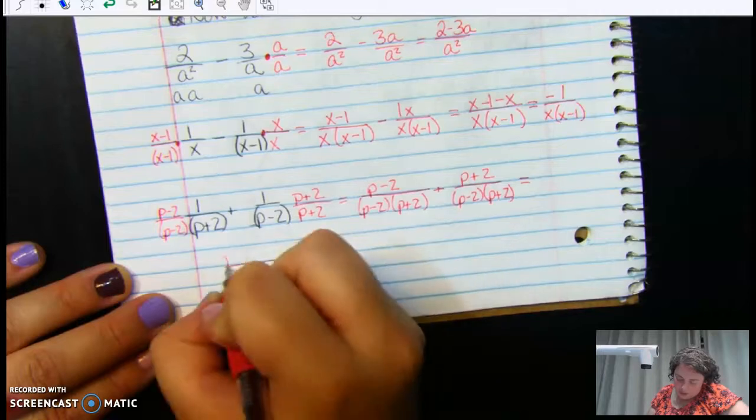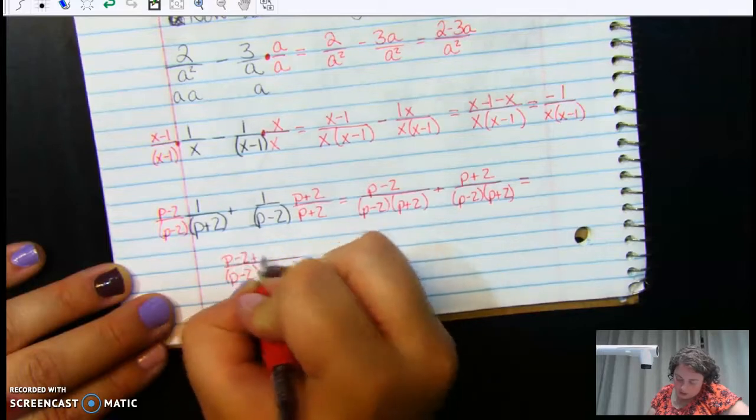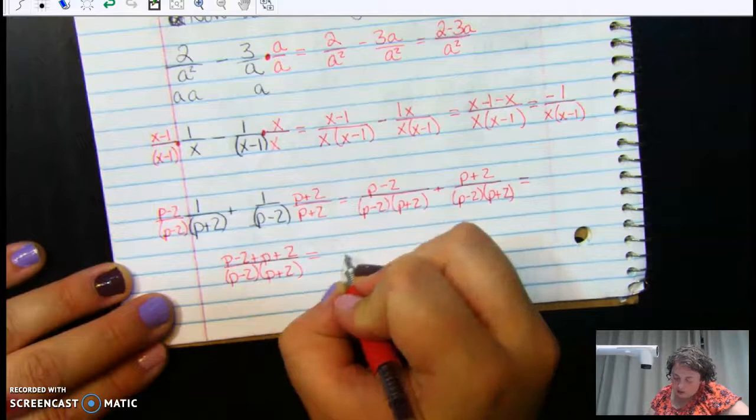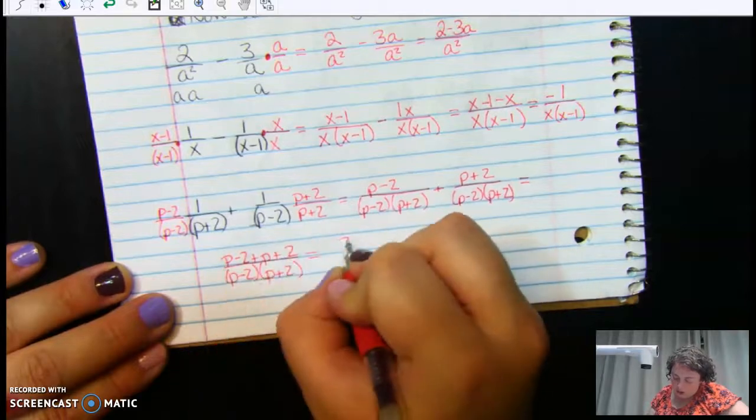On the top, you have p minus 2 plus p plus 2. Combine your like terms, you're left with 2p.